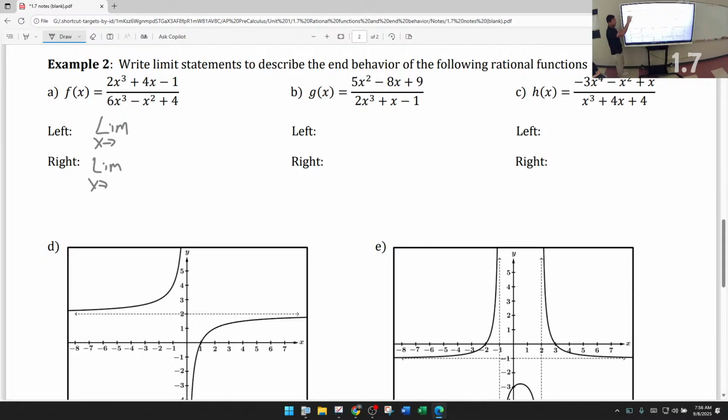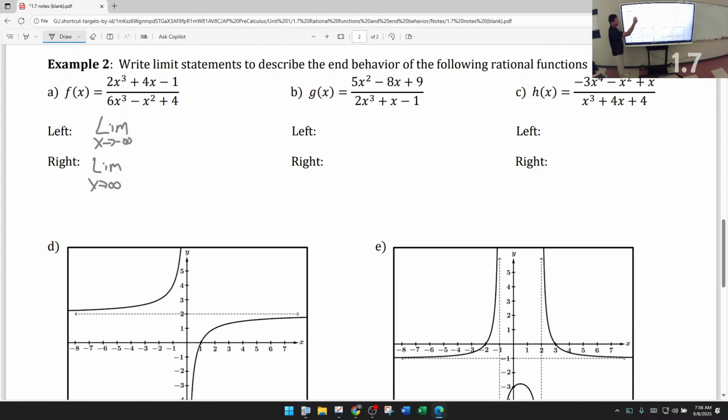You have to write it somewhat correctly. Miss Mims graded this question last year, and she said if they didn't write it correctly, if they put f of x or put an equal sign in the wrong spot, they didn't get the point. So you have to write it correctly. Left, this will be negative infinity. Right will be infinity.